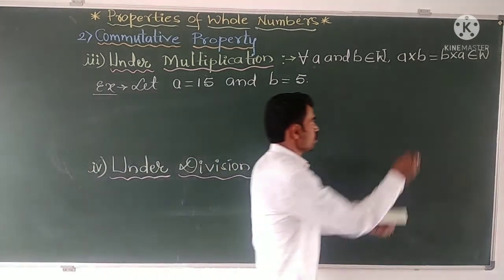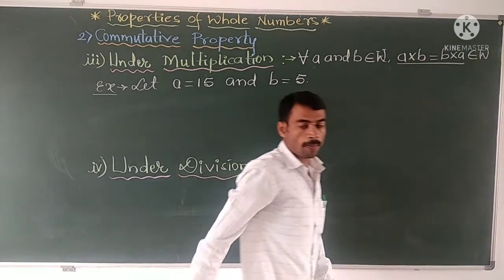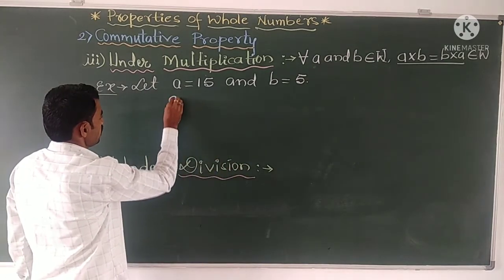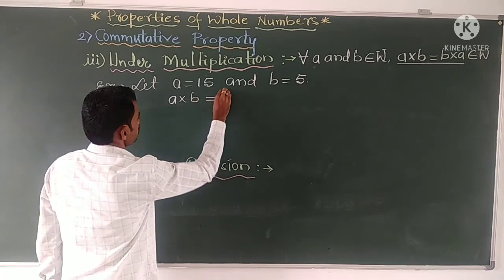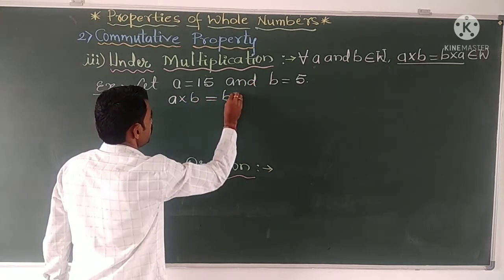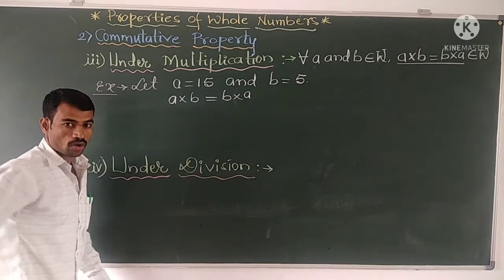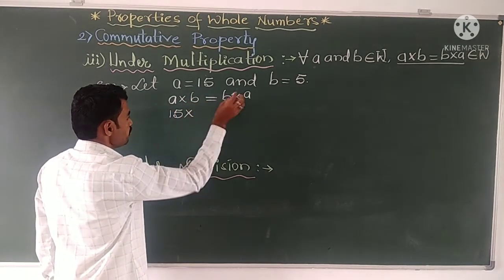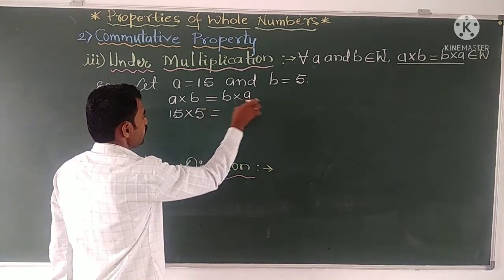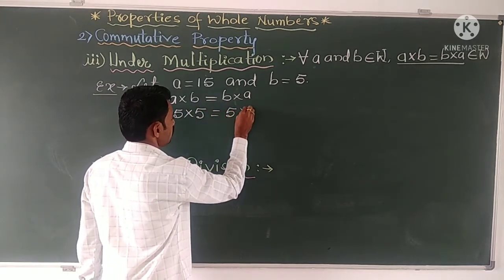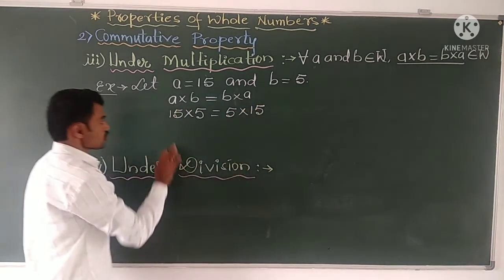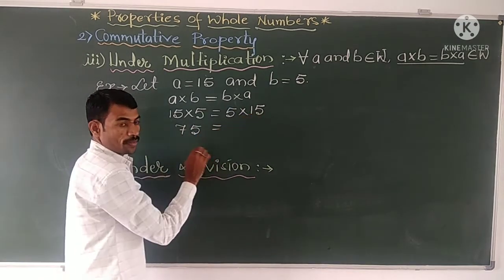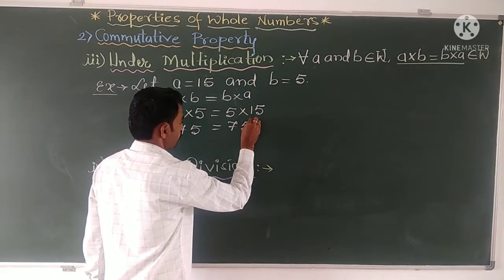Then we apply this condition to these two whole numbers: A into B equals B into A. We need to check whether they are equal or not. What is A? 15. What is B? 5. Next B into A: 5 into 15. So 15 5s are 75, and 5 15s are 75.